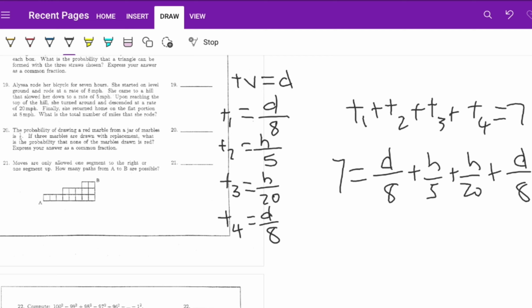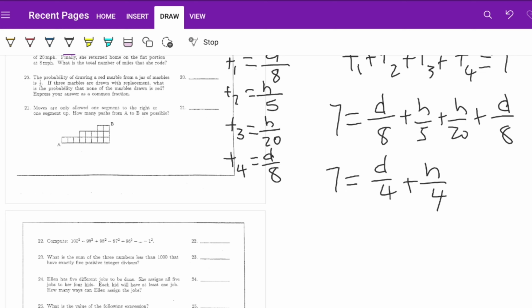So D over 8 plus D over 8 is just D over 4. 7 equals D over 4 plus H over 5, which can be changed into 4H over 20. And 4H plus H is 5H over 20, so we get H over 4. And then we multiply it.